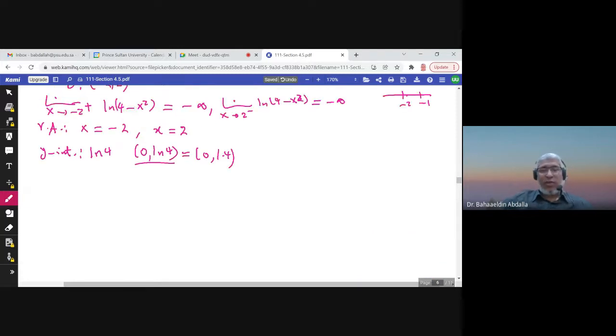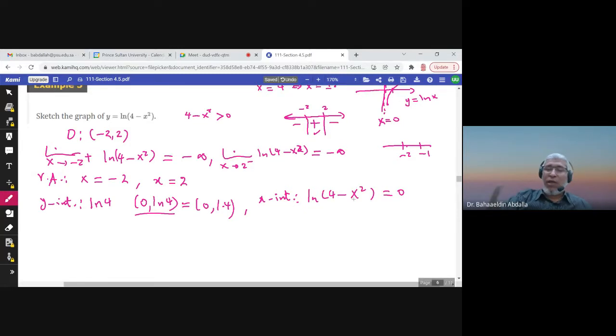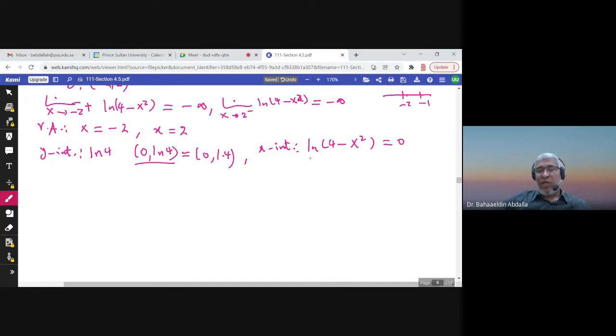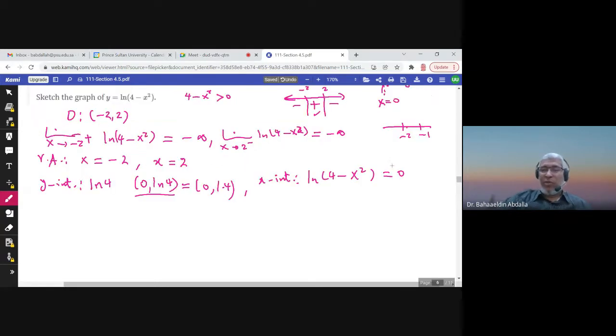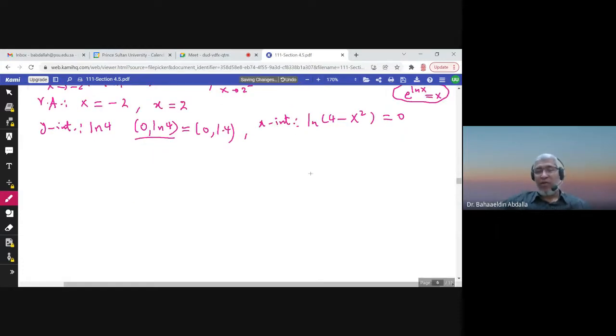What about the x-intercepts? Well, to find the x-intercepts, I put y equals 0. So I need to solve this equation, ln(4 minus x squared) equals 0. And to solve this equation, I raise both sides to the base e. You need to remember that e to the power ln x is just x, because e to the x and ln x are inverses of each other.